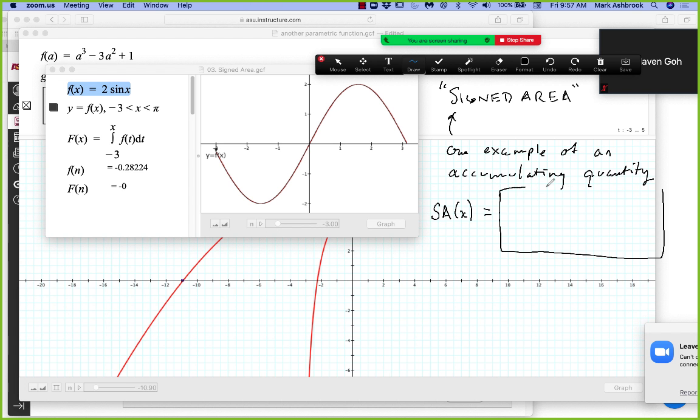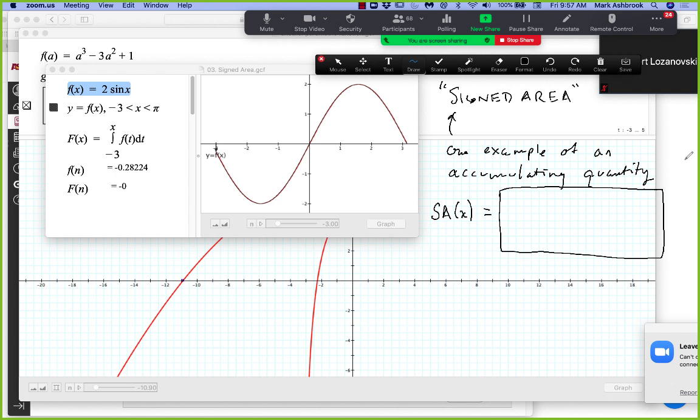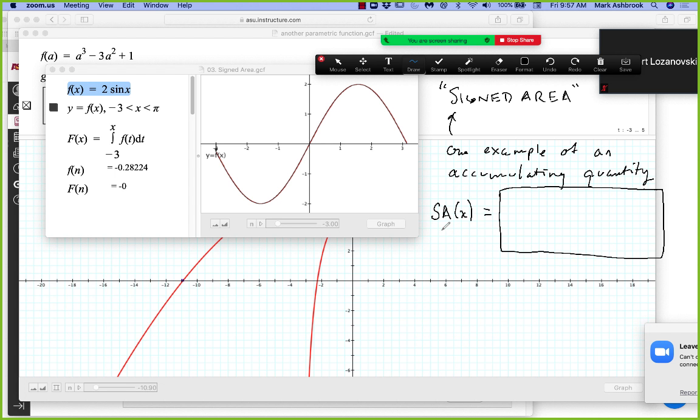If most of you don't know this, we have failed you miserably. This was one of the biggest themes of the course. Signed area. Do you take the integral from a to x, or 0 to x, and then the rate of change is that height?